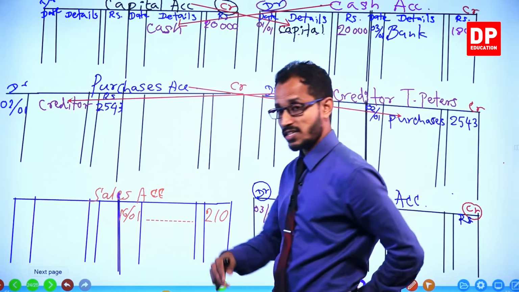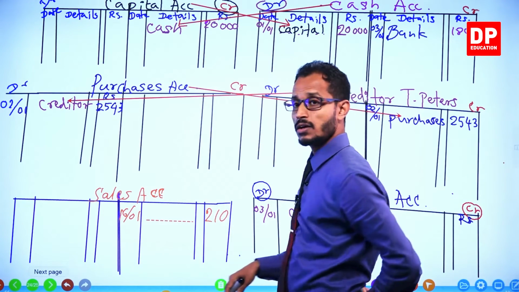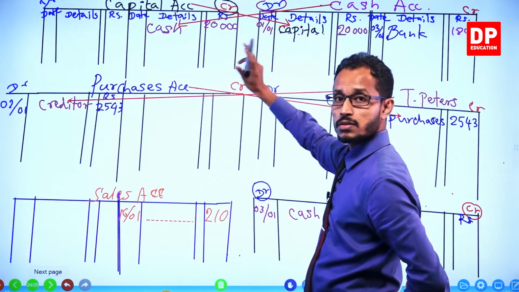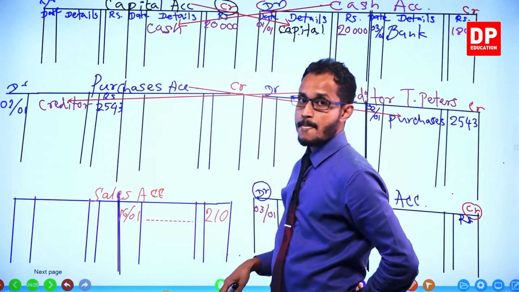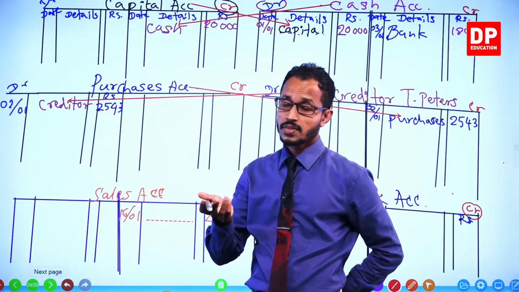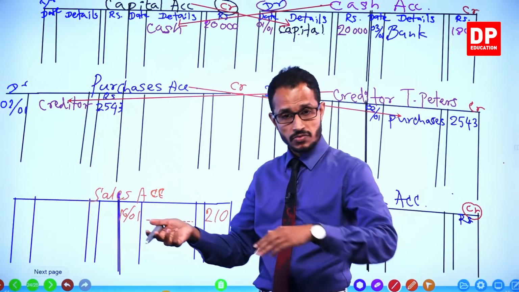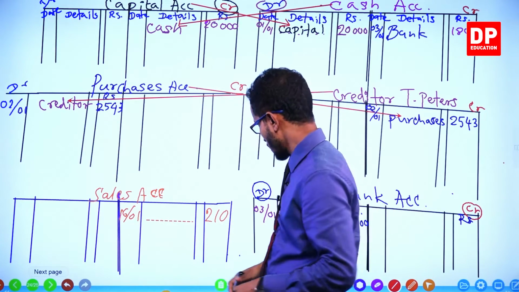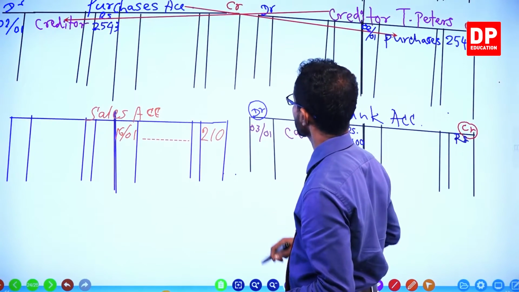Now you know what is the next account we need. We need a debtors account. Do we have? No, we don't have. This is a different data. For different data, we need different accounts. Let's draw this debtor's account, shall we?